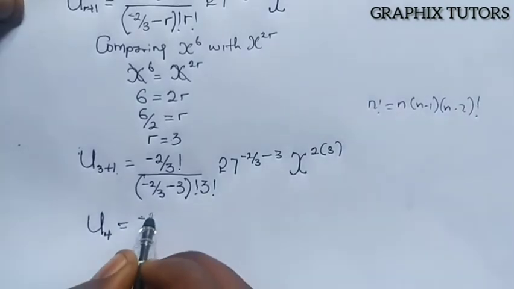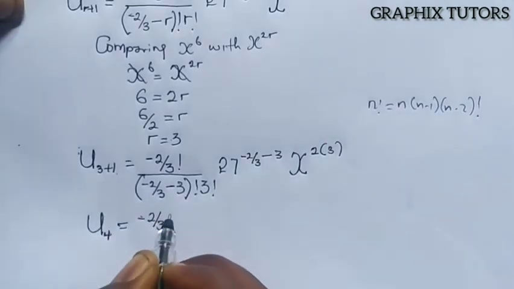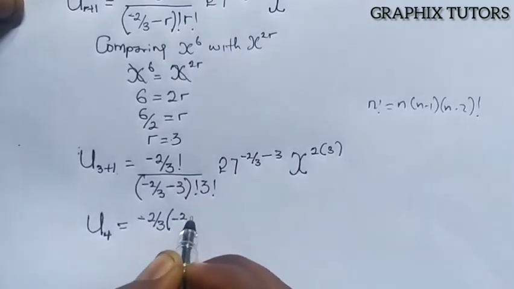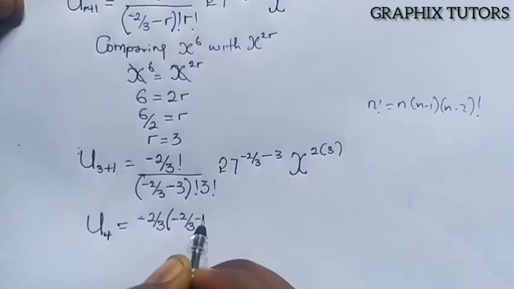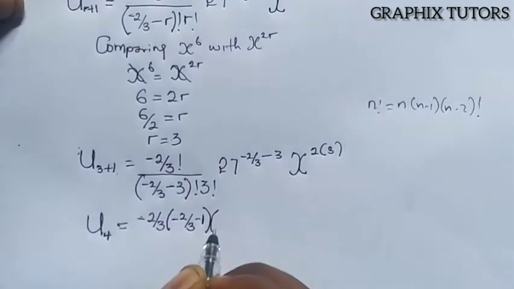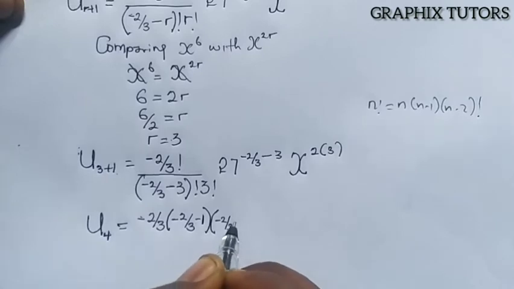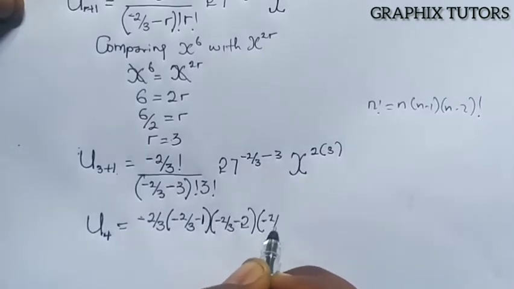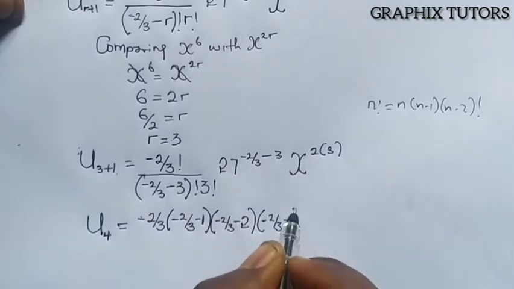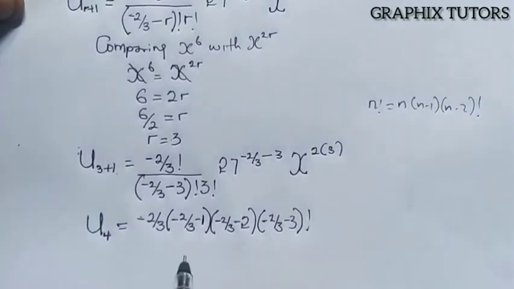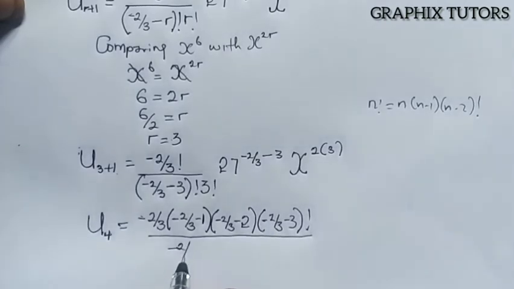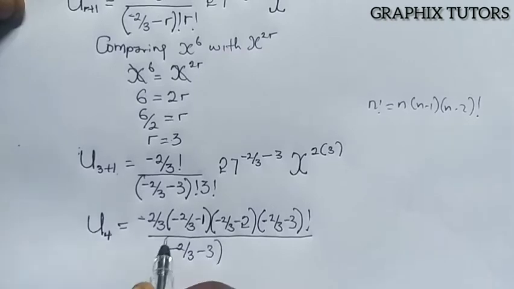So we have minus 2 over 3, multiplied by minus 2 over 3 minus 1, bracket, minus 2 over 3 minus 2, bracket, minus 2 over 3 minus 3, factorial, everything all over minus 2 over 3 minus 3 factorial, then we have 3 factorial.